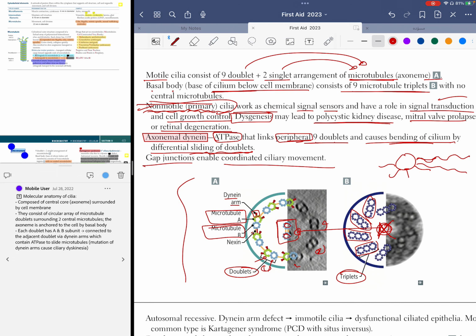Mutation of the dynein arm causes ciliary dyskinesia. So to double check, it's composed of a central core, that's the axoneme, surrounded by a cell membrane. Even though it's just a cilia, it does have a cell membrane. There is a circular array of microtubule duplets, just like we said.